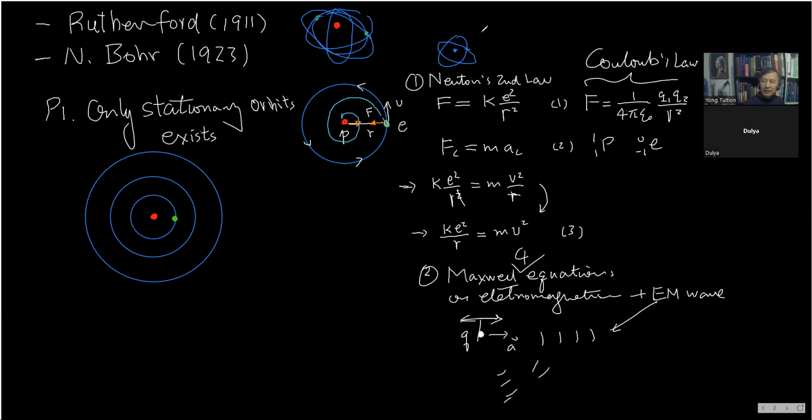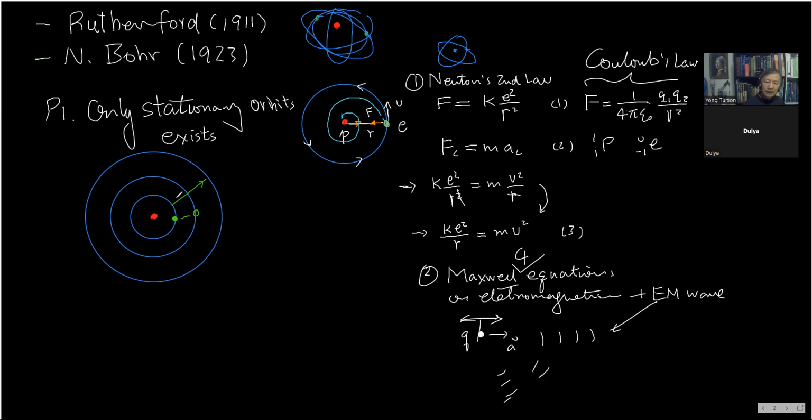Bohr's clever idea is that if there is some disturbance like a photon, the electron can jump from one orbit to another. It can jump from here to here, and it can also come back.